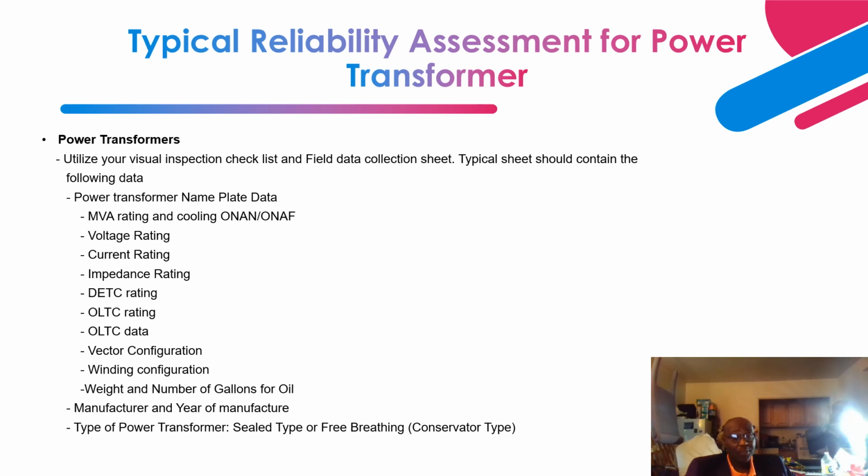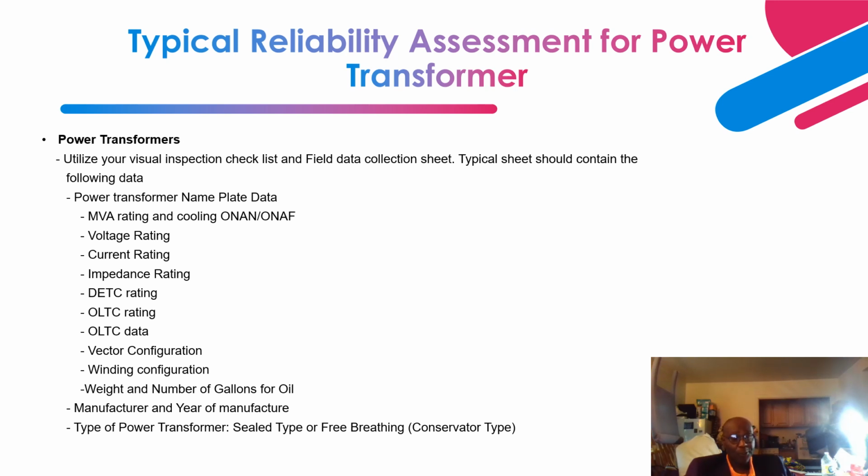The weight of the transformer also helps the structural engineer perform his analysis to determine if the foundation can still support the weight of the transformer. Next is the manufacturer and the year the transformer was manufactured. If you have a 50-year-old transformer, that tells you this transformer has been in service for a long time, and it helps with your analysis as well.